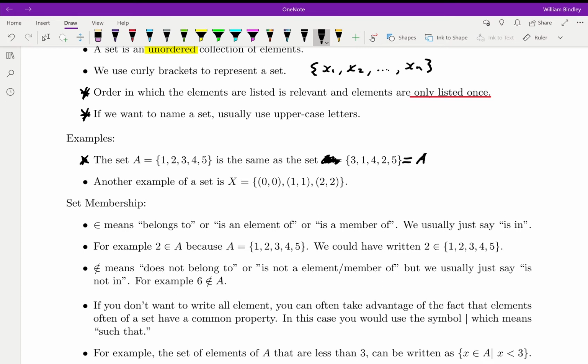Here's another example of a set, X, and it's equal to a set of ordered pairs or points in the XY plane, which we can interpret as coordinates, and that contains (0, 0), (1, 1), and (2, 2).